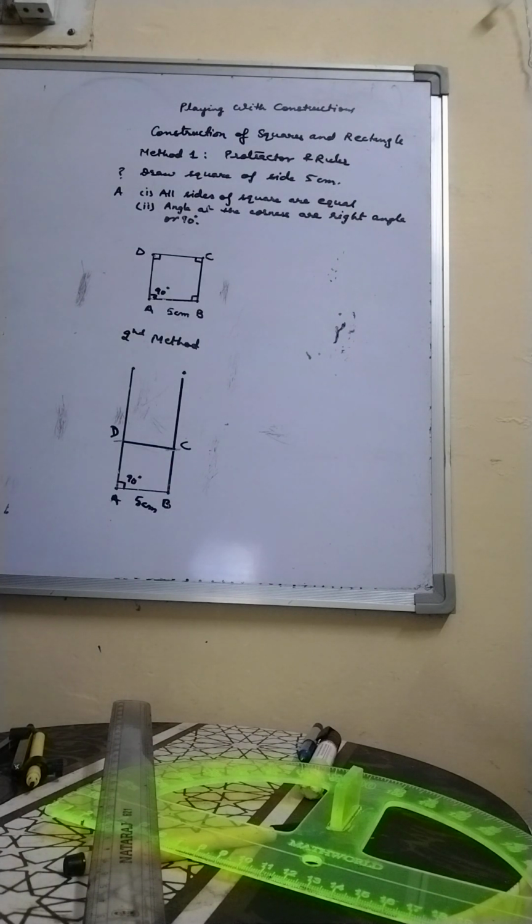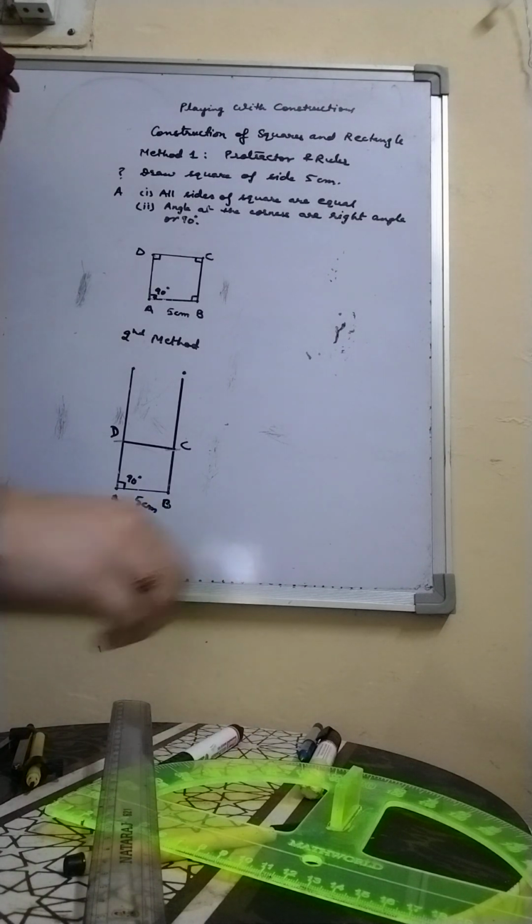Okay, so this is the case. Now the questions are there. Draw a rectangle with side of length 4 centimeter. Now you have to draw the rectangle. Okay, so rectangle would also be same.